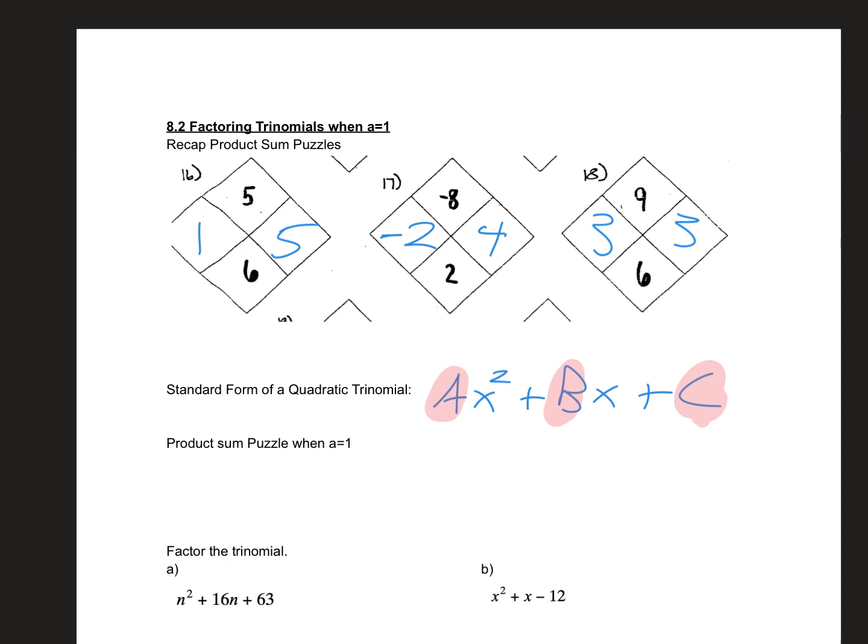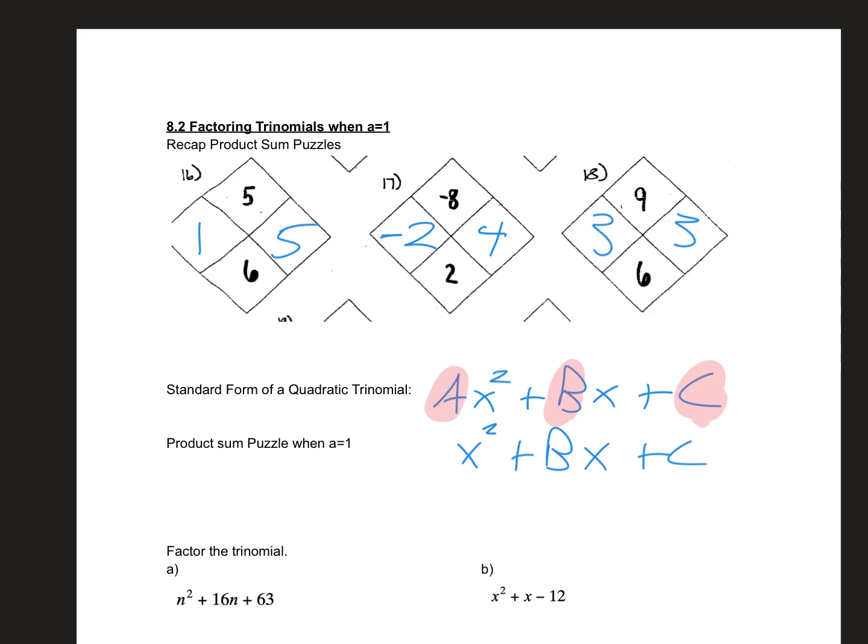Today we are going to talk about trinomials, which this is because I have 3 terms in it, specifically ones where this a value is just 1. So I could simplify it: if a is 1, then I will just have x² plus some number times x plus some number c.